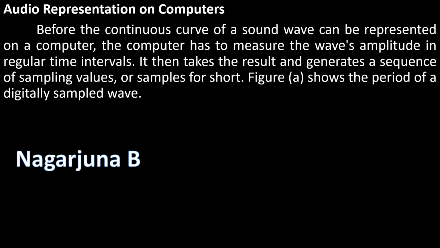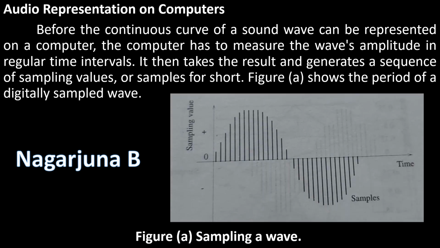Here in this one we can see the period of a digitally sampled wave. So this is a diagrammatic representation of a sampling wave. Before we represent the sound wave on the computer, we need to measure, and this measurement has been indicated in this particular diagram.